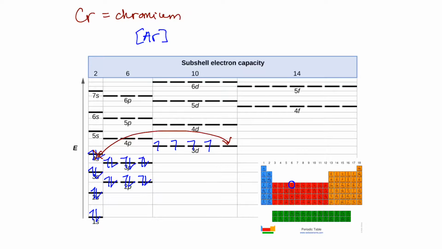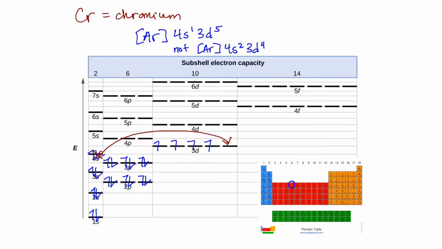The noble gas before chromium is argon, and then you'll see 4s1, 3d5, not argon 4s2, 3d4. This is probably what you might have predicted based on our original rules.